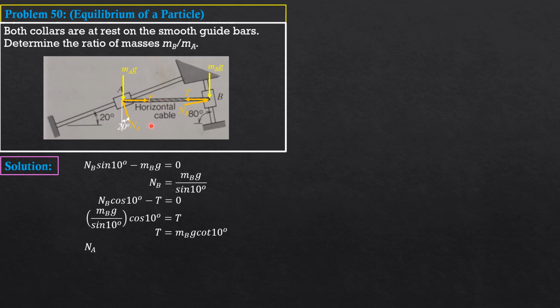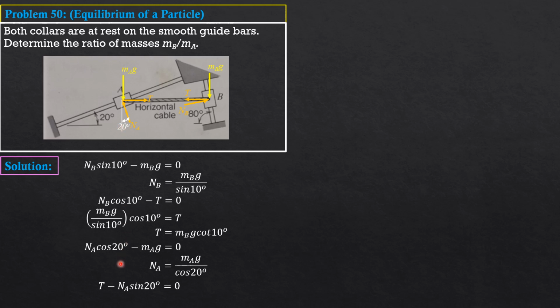So summation of forces vertical: NA cosine 20 degrees minus mAg equals 0. So solving for NA, it is mAg over cosine of 20 degrees. Then summation of forces horizontal: T minus NA sine of 20 degrees equals 0.